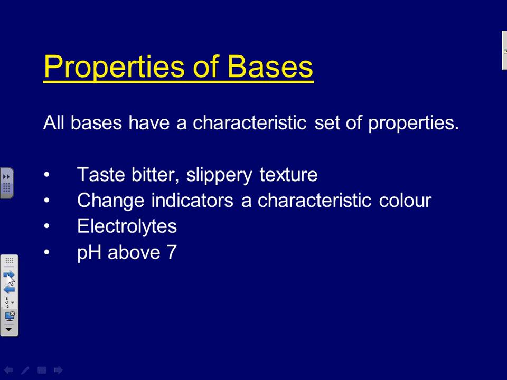Okay, let's talk about bases. All bases have a characteristic set of properties. Here are the properties for bases. Many students sometimes think that bases are just opposites of acids, but they really aren't opposites.